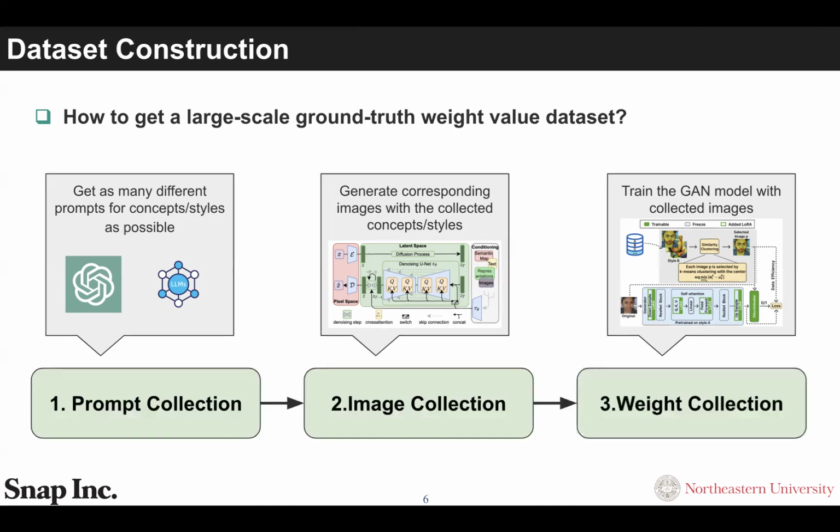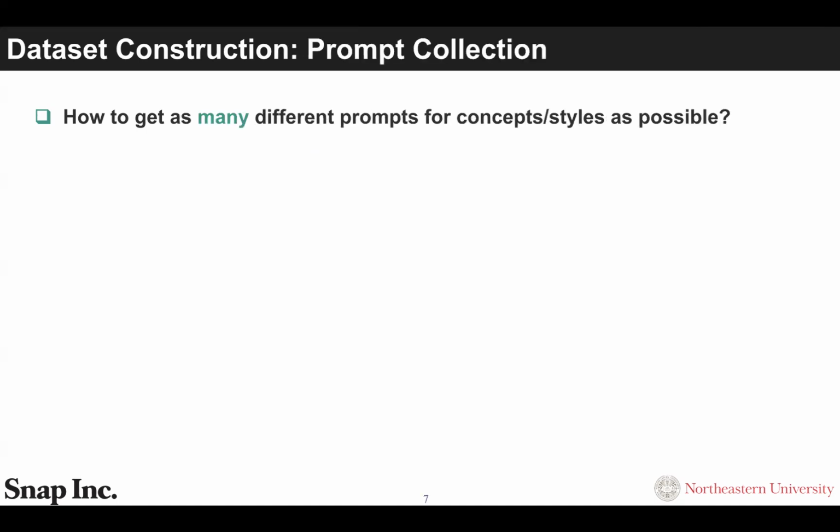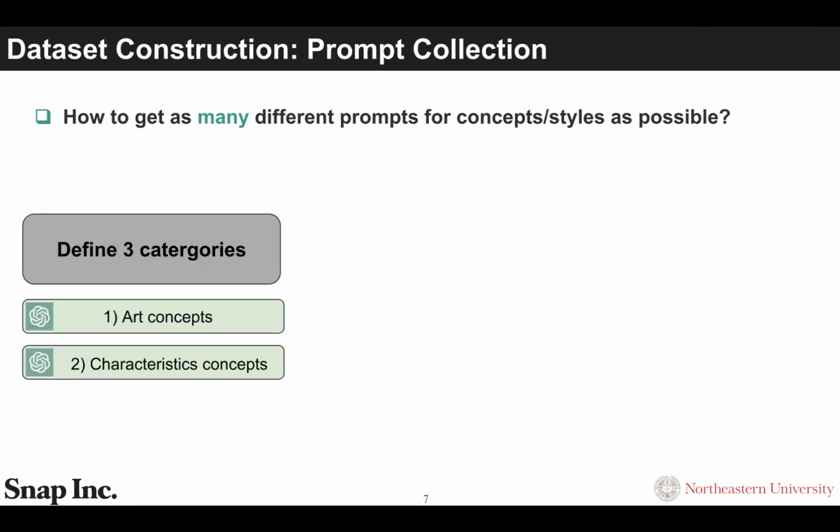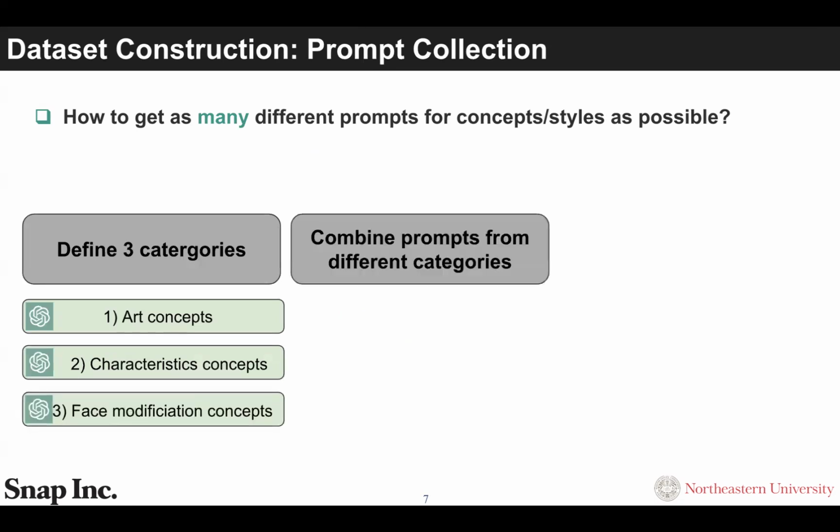And to get as many different prompts for styles as possible, we leverage a systematic approach with the help of large language models. We begin by defining three categories, which are the art concepts, characteristics concepts, and the face modification concepts.